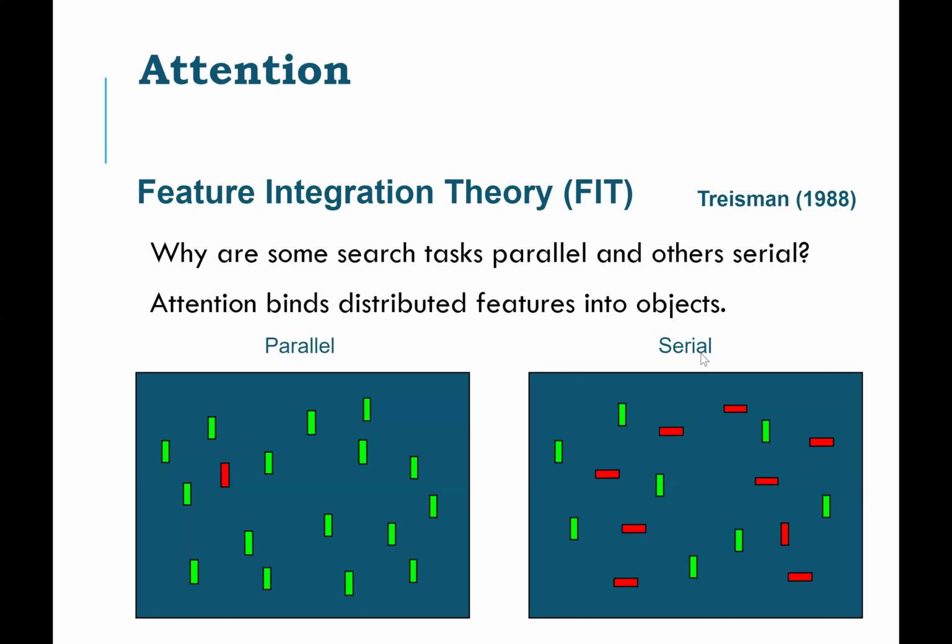So what makes this task difficult is that you have to use your attention to go to different places in order for the distributed features of those objects to be bound together. And this is what feature integration theory is.